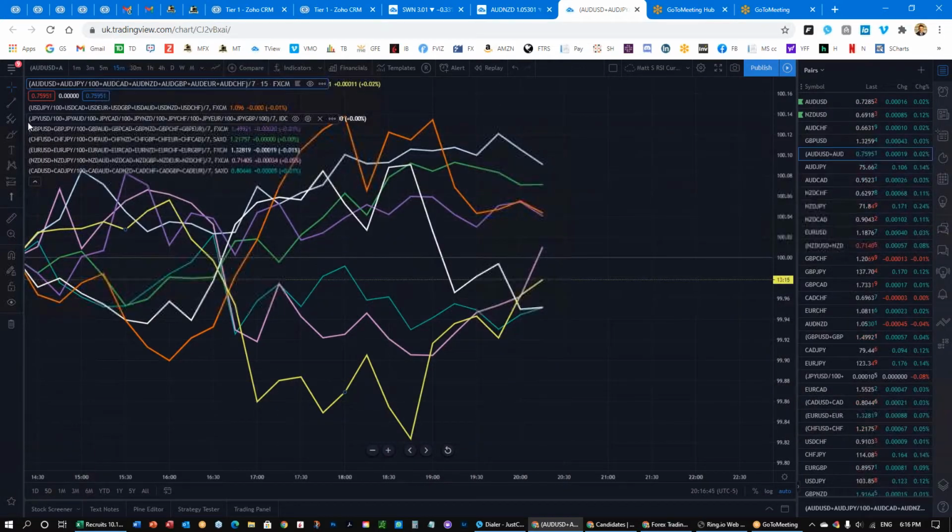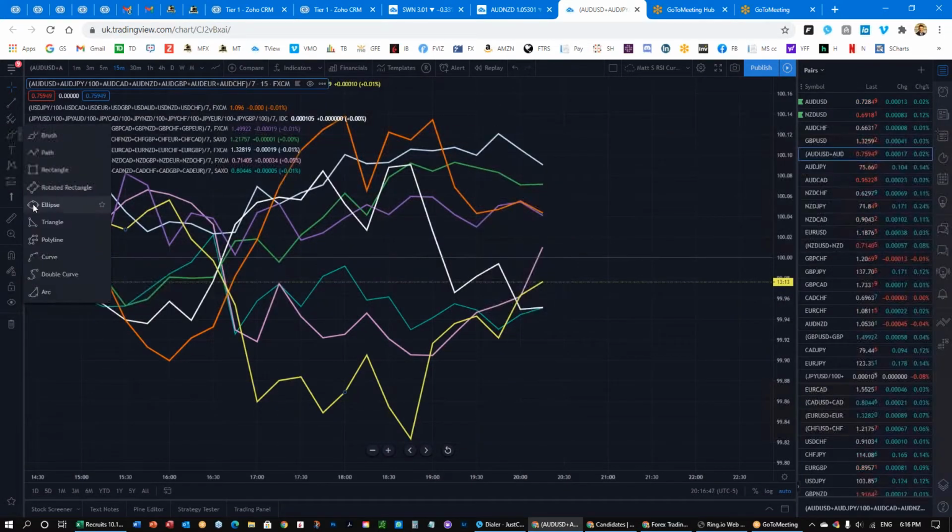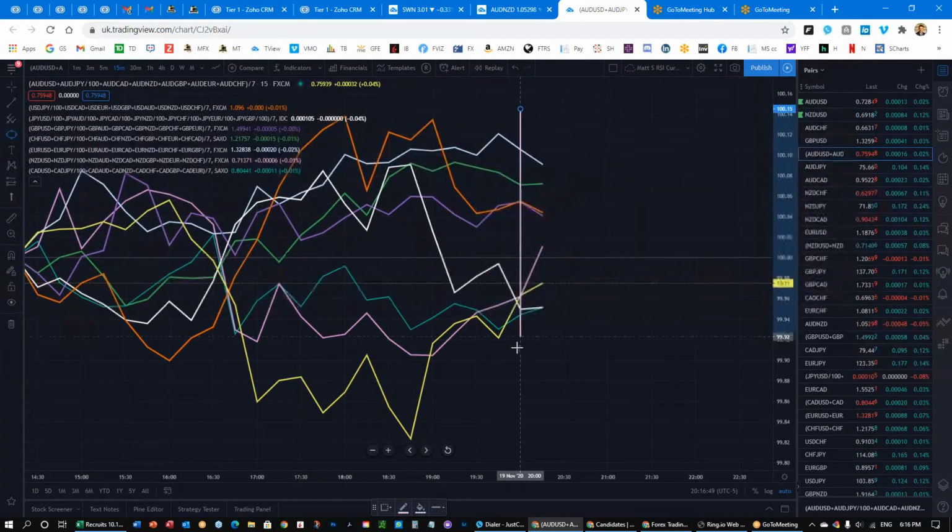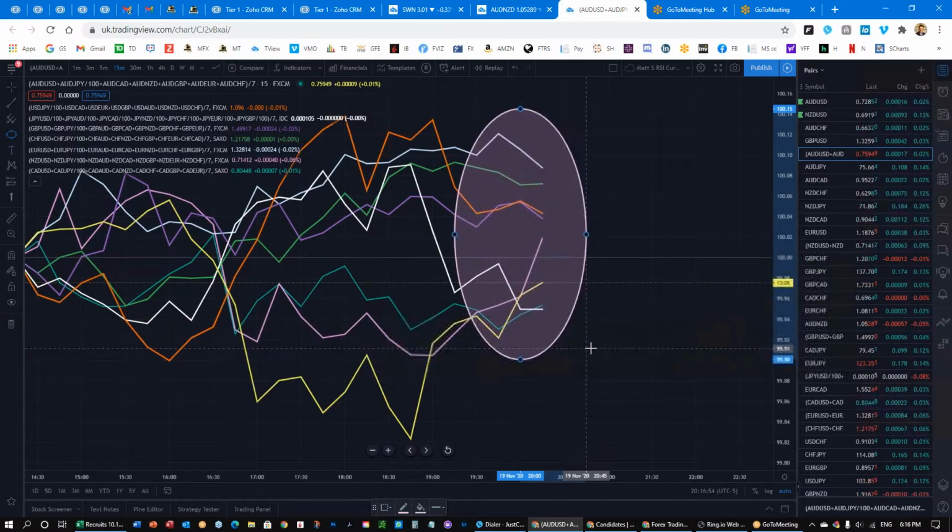Now, when they start converging, like right here, they did it too, you start to see those pinch points in pairs.